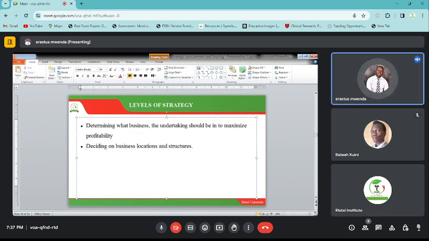Now, when we are doing the business level strategy, then we have certain models that have been developed that we can adopt. One of them is what we call Porter's competitive strategy model, or the Miles and Snow adaptive strategy.